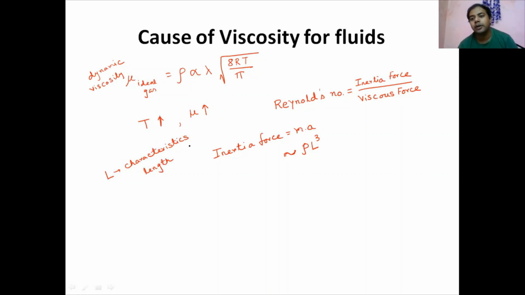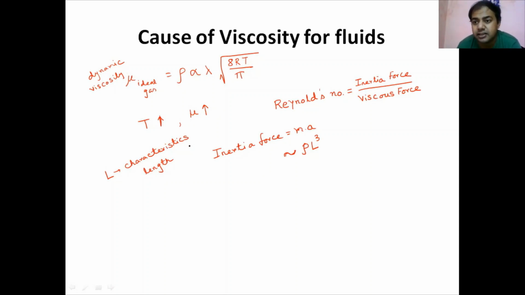Just like through a pipe, if any flow is occurring, then if you go in the radial direction of the pipe, you will see at each radial position there is a different velocity. So each and every radial position has different characteristics of the fluid.